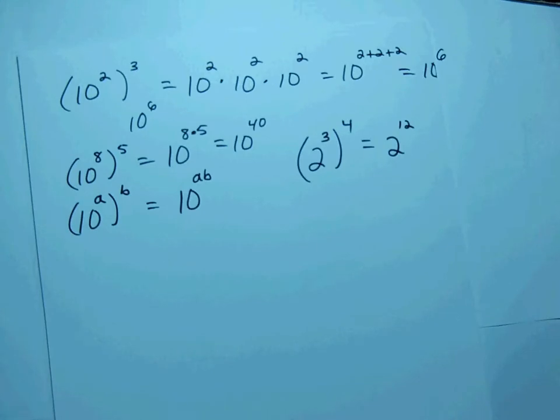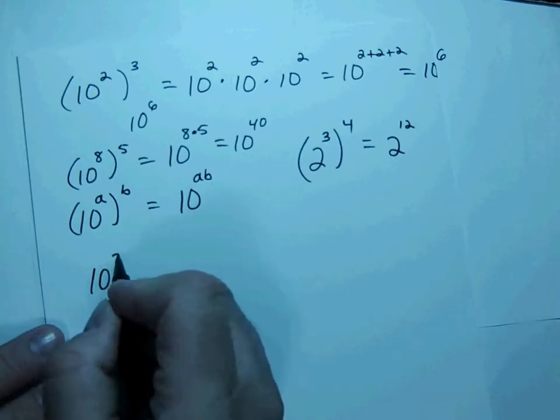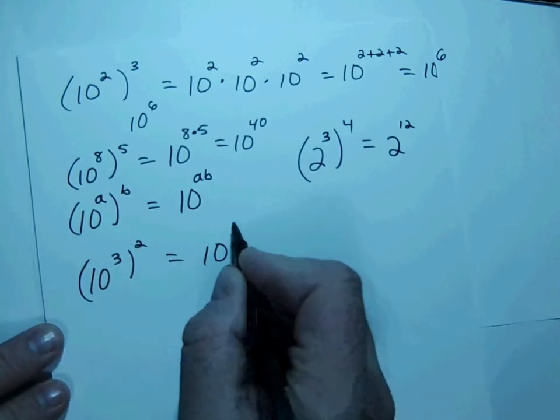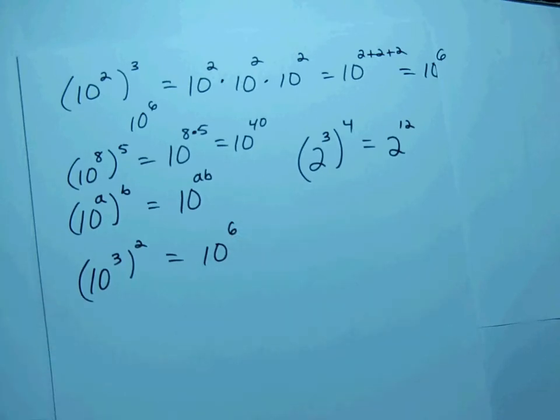Pretty straightforward. Let's take a look at example 4 at the bottom of 241. I've got 10 cubed, and then I'm going to square it. I'm going to simply multiply the 3 times 2 and get 10 to the power of 6. Same old rules apply with negative exponents, okay?